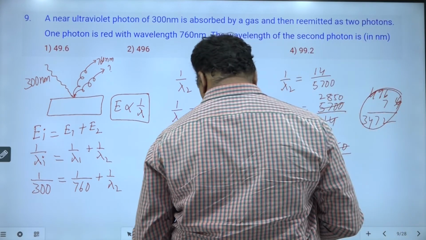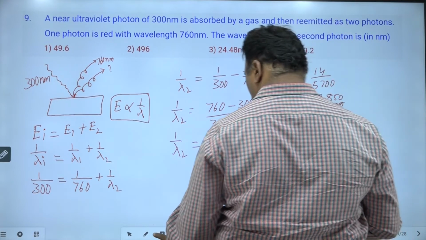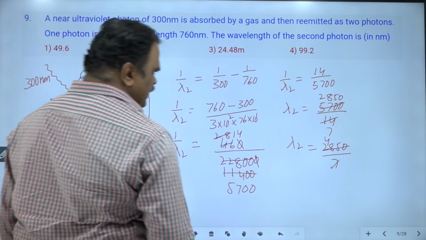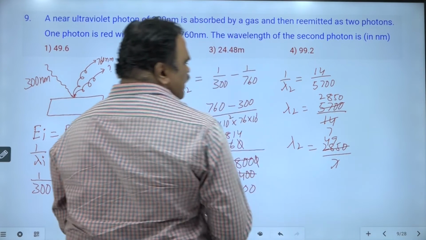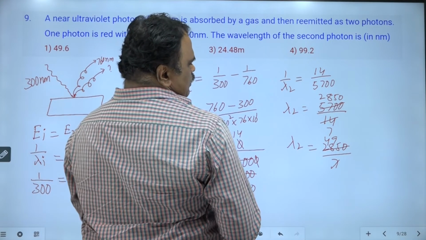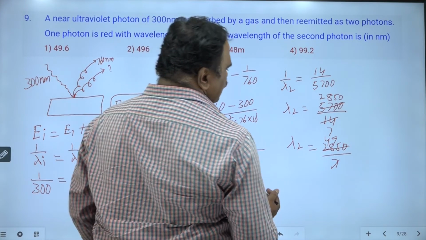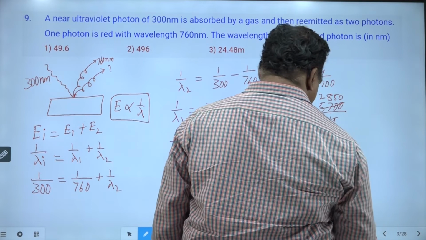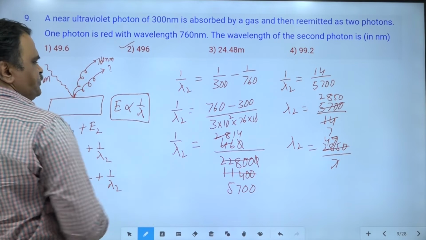So approximately its value is 496 nanometer. 7 4s are 28, 7 9s are 63. So if it is taken as 0, 50, 7 7s are 49, nearly 7. But here, as per the option, we have to take the second one.